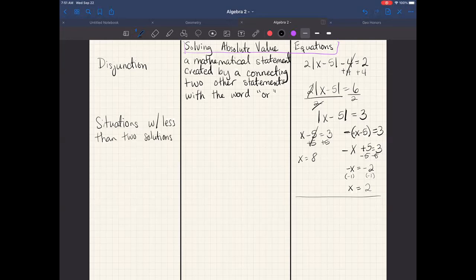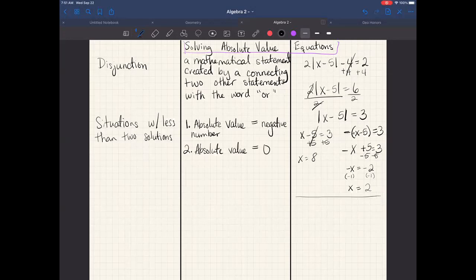Okay, so when that happens, the first case is your absolute value equals a negative number. Or number 2, it equals zero.